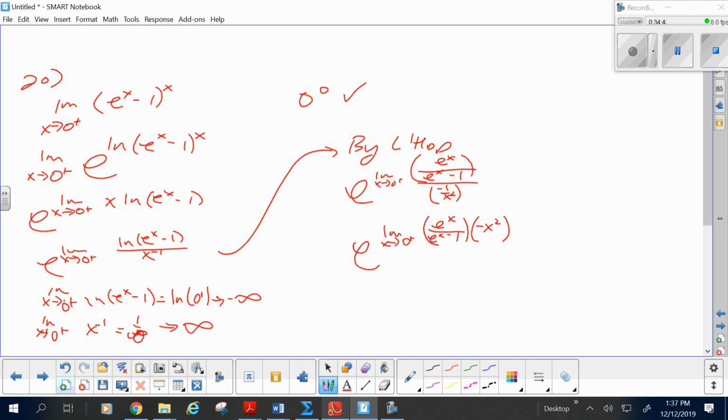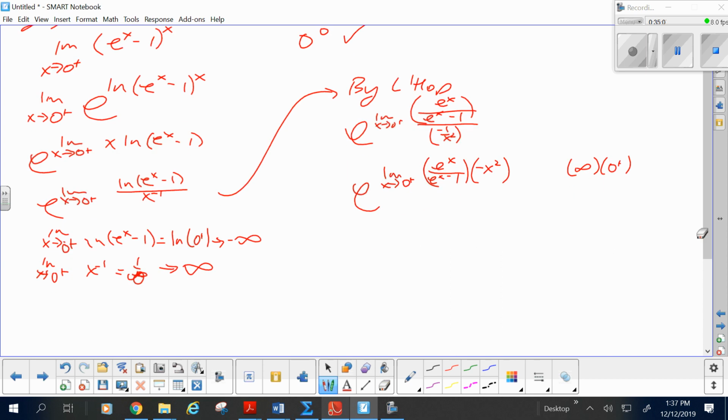What does that go to? I was thinking M behavior, but it's not an infinite limit, so it's 0. So this goes to 1 over 0. This is approaching infinity times approaching 0. That's still an indeterminate form. That really sucks. Okay, so it is what it is. Here we go again.